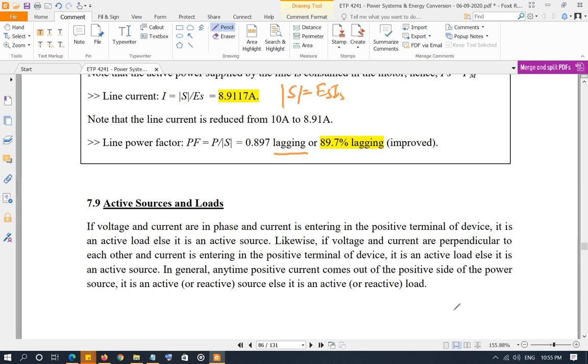That is, that source is supplying active power. And if in any device positive current is entering into the positive terminal of that device, that component is called an active load, because it is consuming active power. So that's what an active source and active load is.